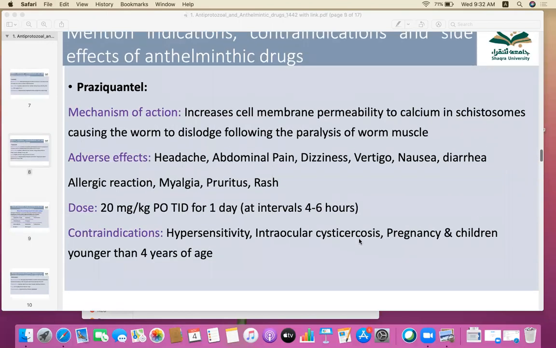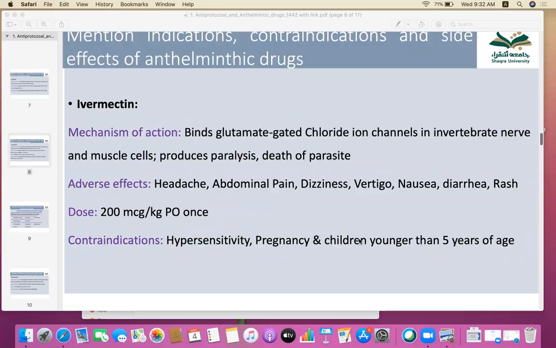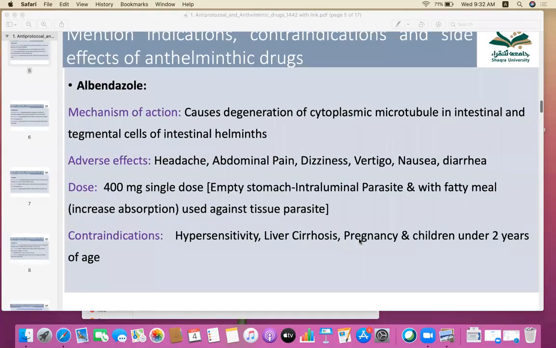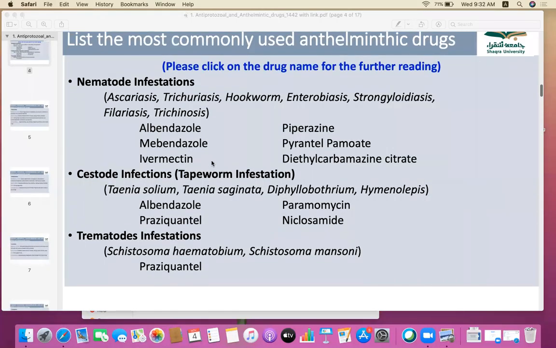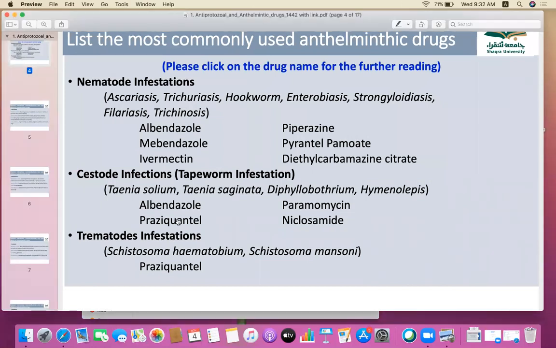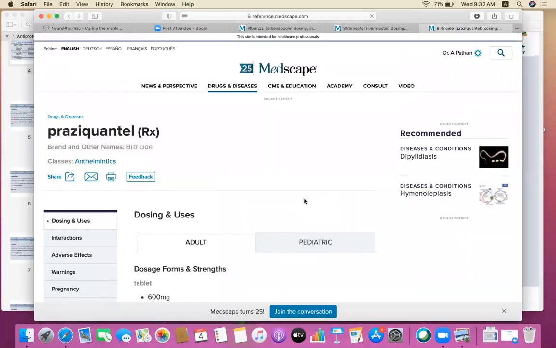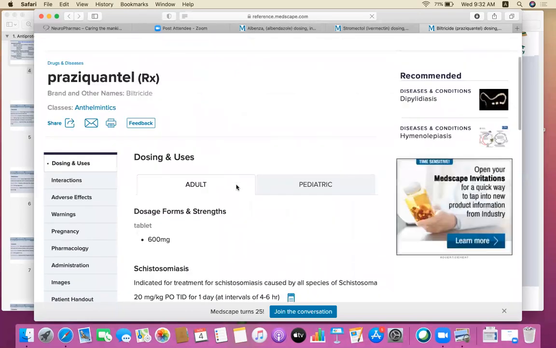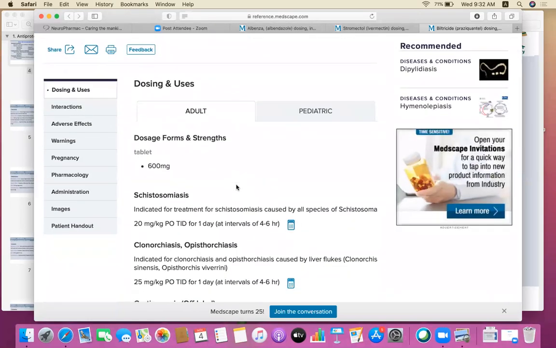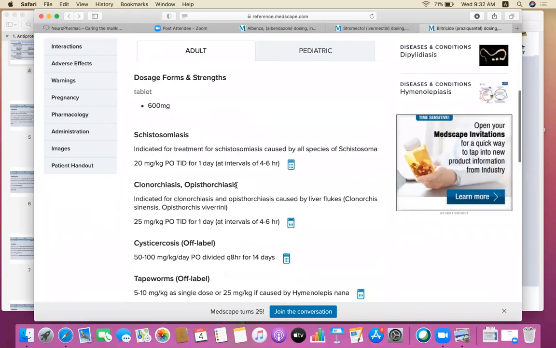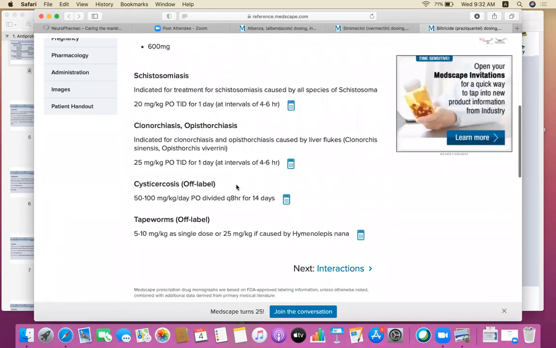Okay, this is about praziquantel. For the indications of praziquantel, you just have to come back to your page, and if you click on praziquantel, you will land on the further reading page. The indications are schistosomiasis and cysticercosis.